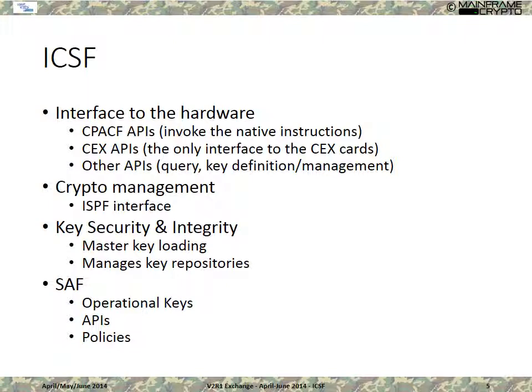ICSF provides that interface for managing the master keys and keeping those key repositories in sync. When we talk about the verification patterns a little bit more in a minute, you'll see that in more detail. Finally, ICSF does provide a security environment, so you can protect your key material, you can protect the APIs, and you can control who can execute which APIs.